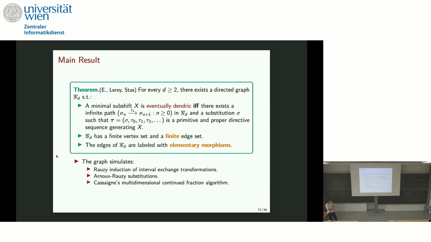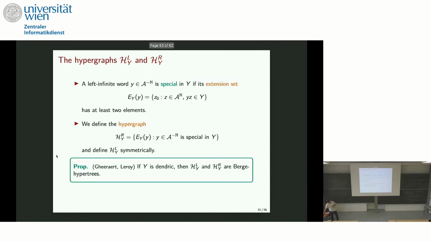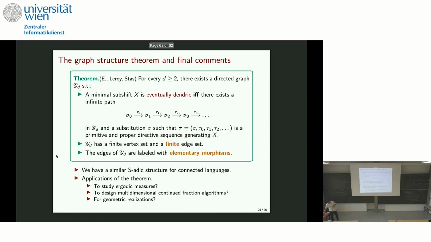And we can also simulate Cassaigne's multidimensional continued fraction algorithm, because this is also defined by a subgraph in the graph. I don't have the time to talk about all the technical details, so I'm going to skip to the last part to give the final comments.